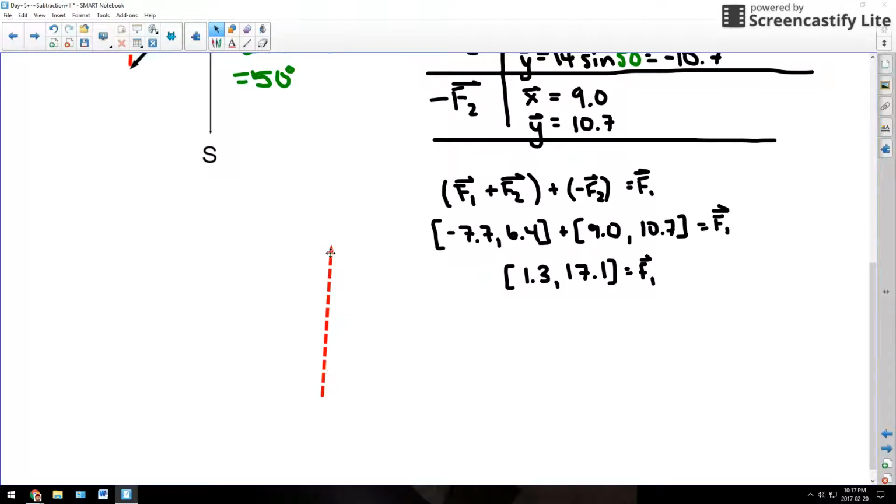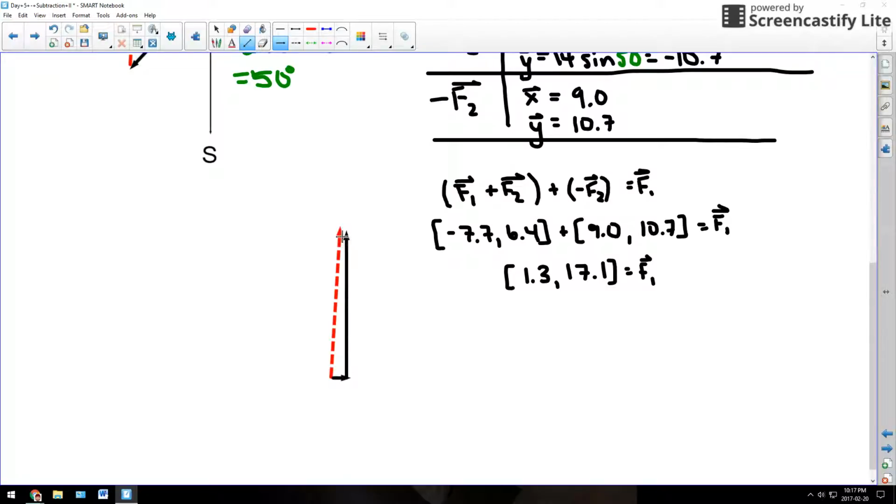This looks nearly vertical with a very slight horizontal piece to it. So if I compare the horizontal component size to the vertical component size, it's much more vertical than it is horizontal.